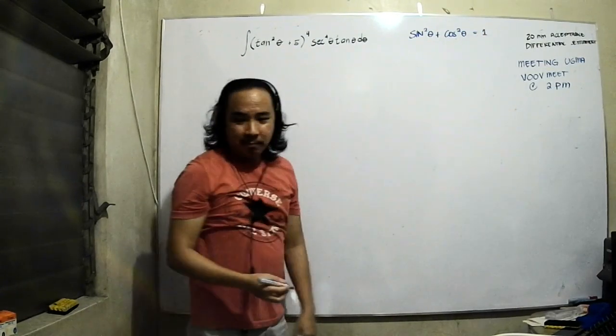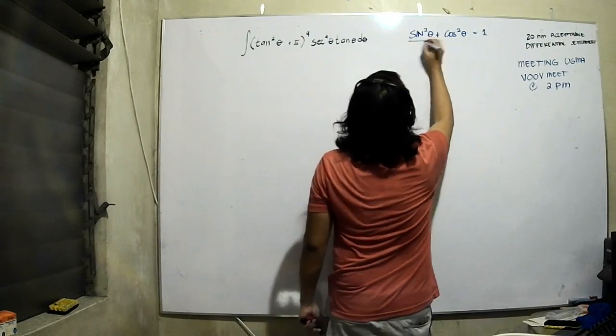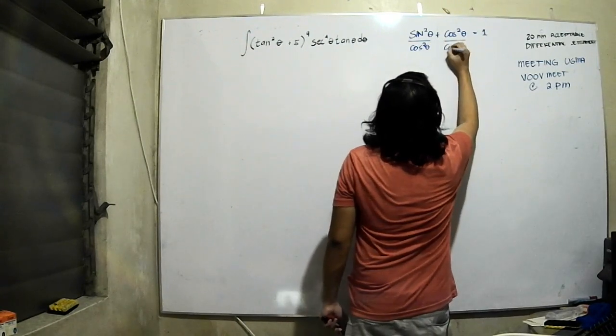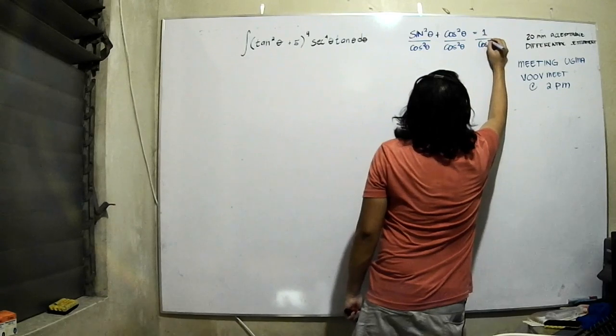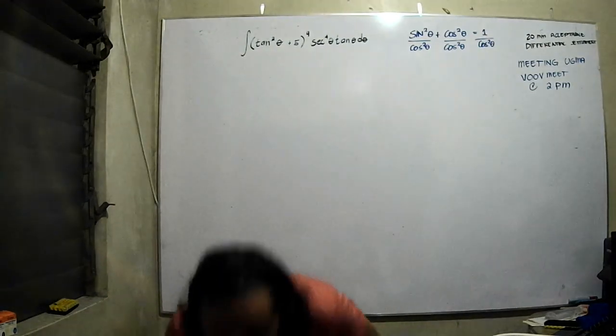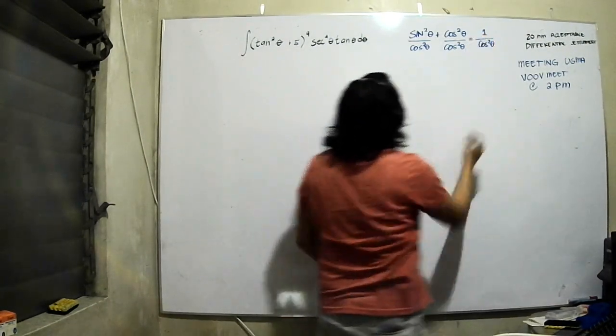But if I divide this by cosine squared over cosine squared, is it clear? Okay, so I divide.